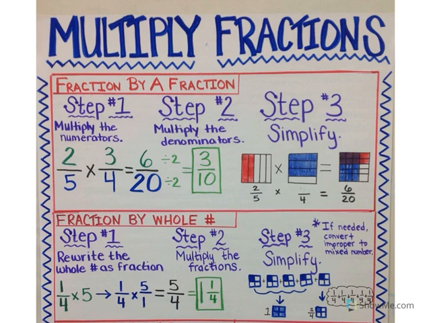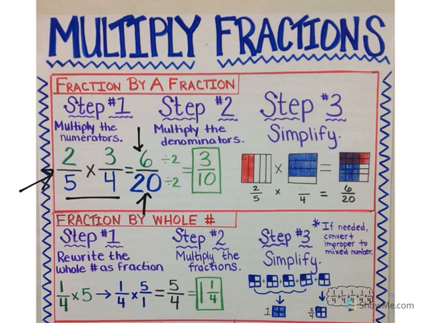So let's take a look at some notes. When we're going to multiply a fraction by a fraction, the first step is to multiply the numerators. So they did 2 times 3, and they got 6. Step 2 is to multiply your denominators. 5 times 4, and they got 20. And the third step is to simplify.